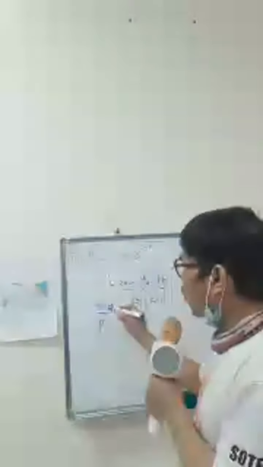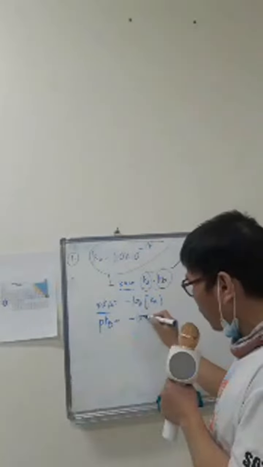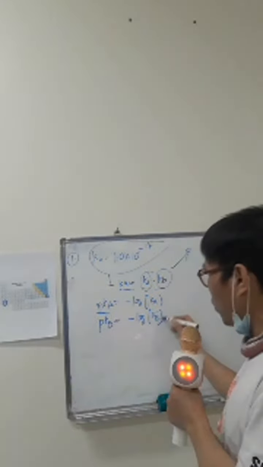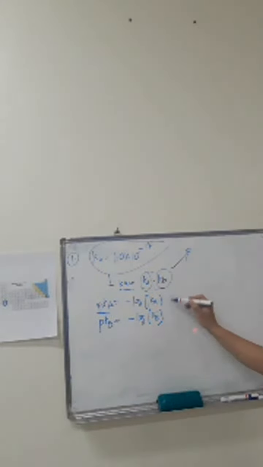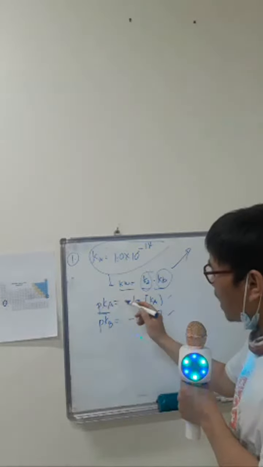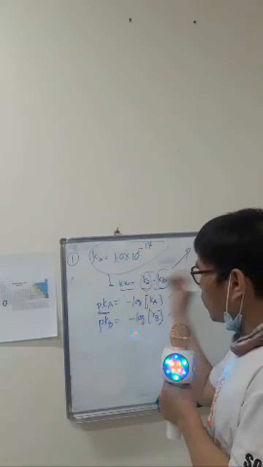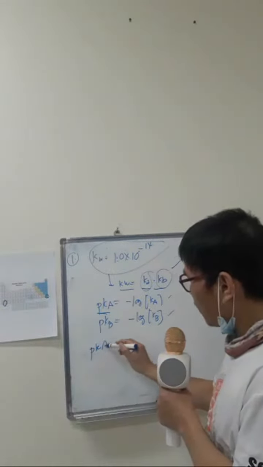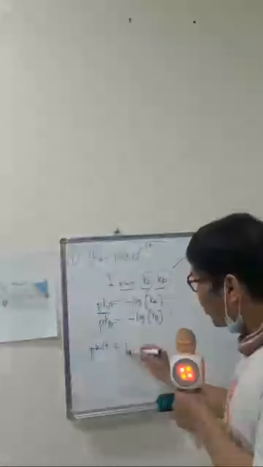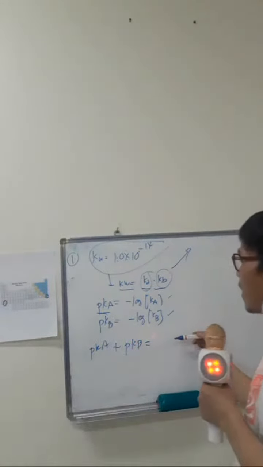The pKb is the negative logarithm of the equilibrium constant of the base. If you know the Ka and Kb, then you can get the pKa and pKb. Therefore, we can conclude pKa plus pKb is equal to 14.